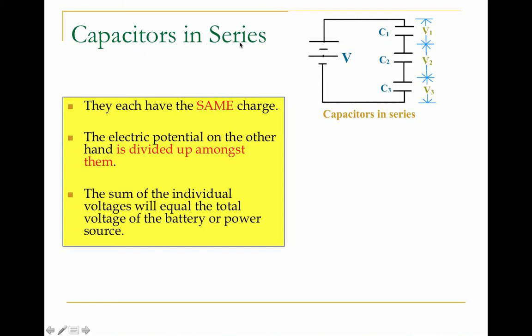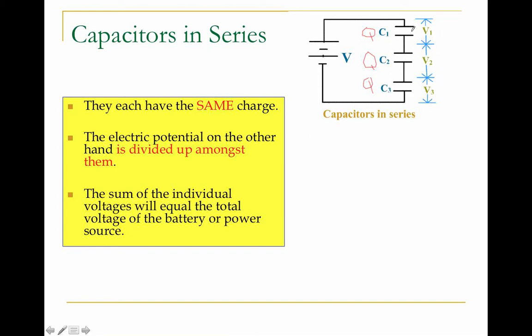So in series, where the capacitors are connected this way, positive, negative, positive, negative, first of all, they all have the same charge. All three capacitors, when connected in series, have the same charge, Q, Q, Q. And the potential is divided among them.